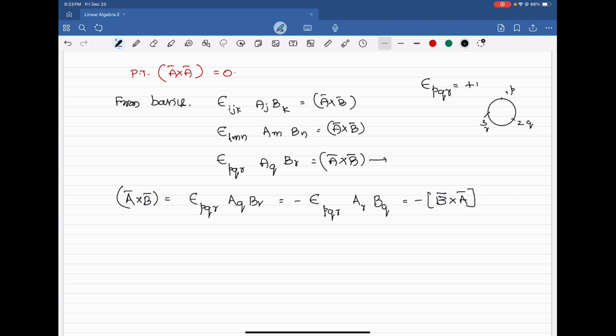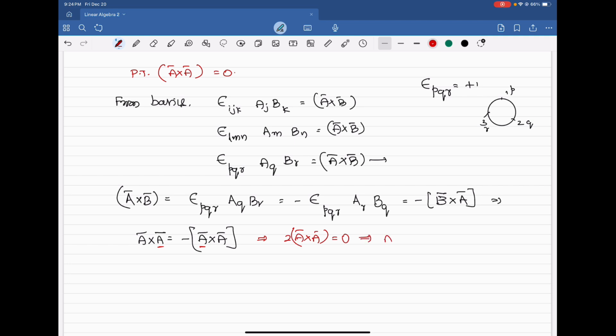If B is replaced by A itself, then what happens? A cross A is equal to minus A cross A, if B is replaced by A. This implies 2 into A cross A is equal to 0.